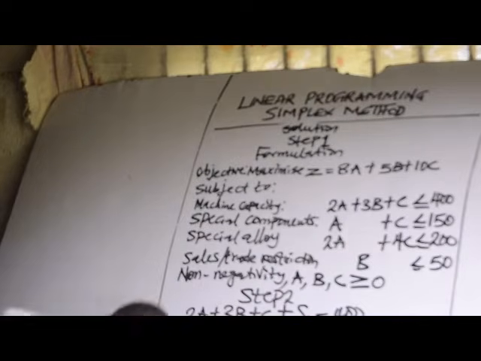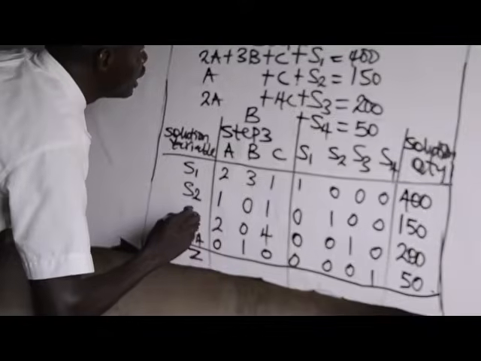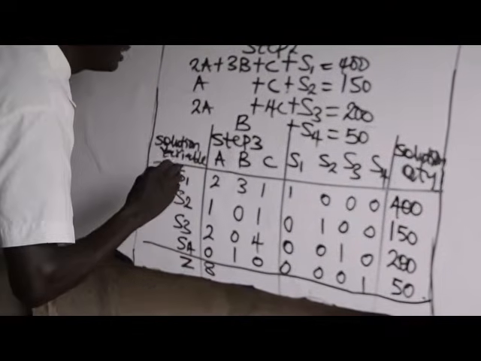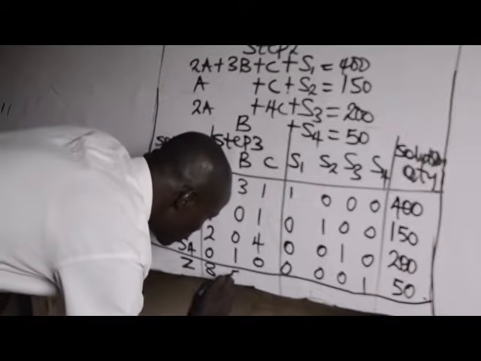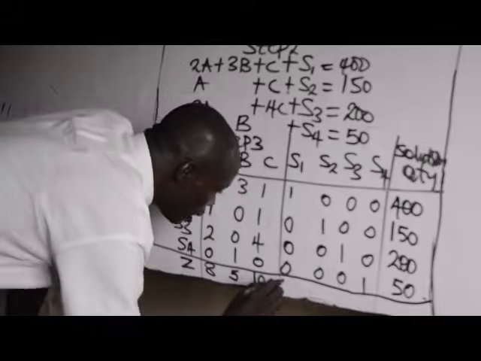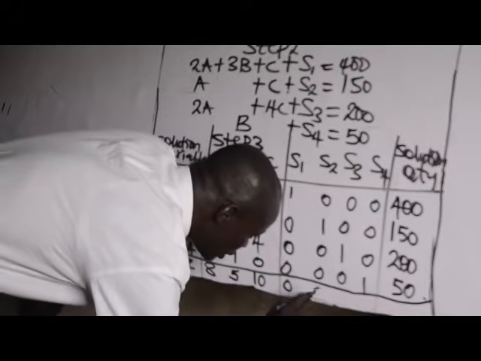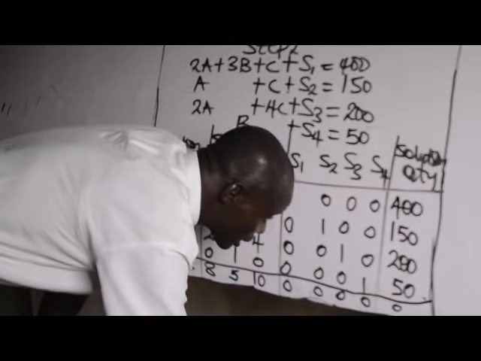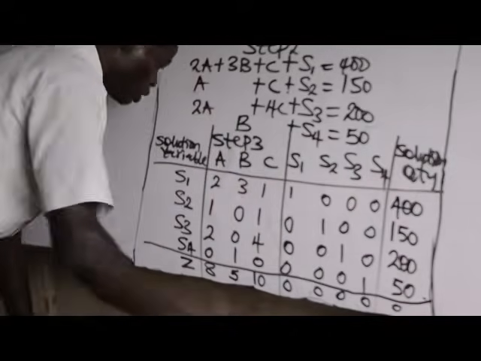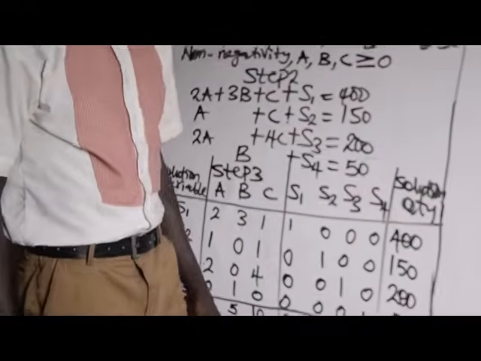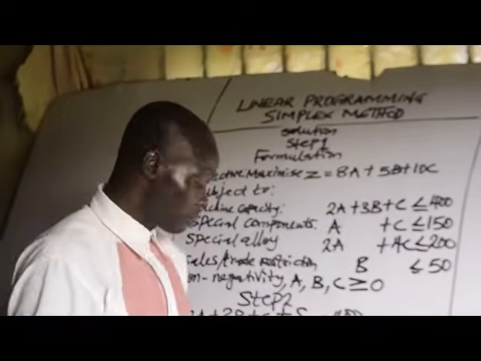So we have Z, the coefficient of A is 8, the coefficient of B is 5, that of C is 10. No slack there, so you put 0 for slack 1, slack 2, slack 3. And we don't have a value it's equal to. So this equation has been arranged in matrix form.